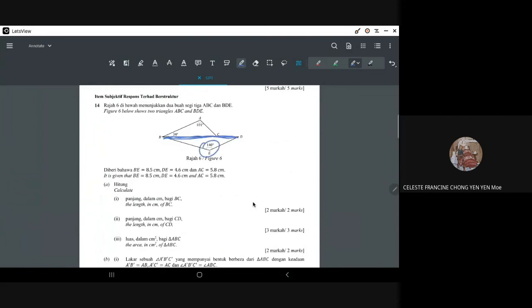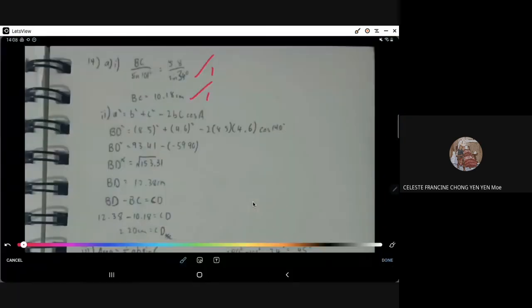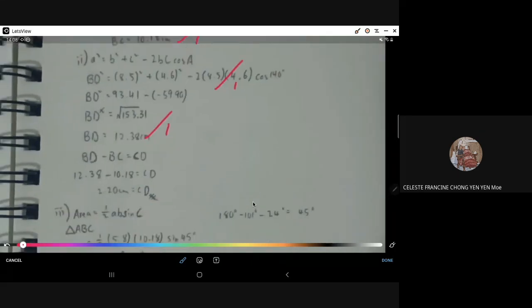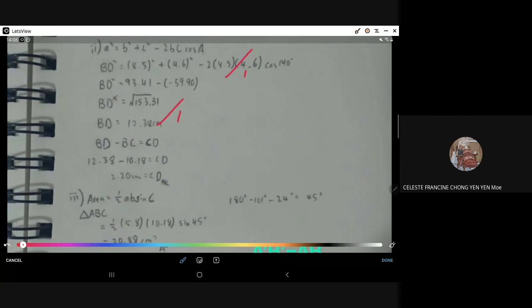Then we will get BD square equals 93.41 minus negative 59.9. Then we add those two together and take the square root. We will then get 12.38 cm. So BD is 12.38 cm long.